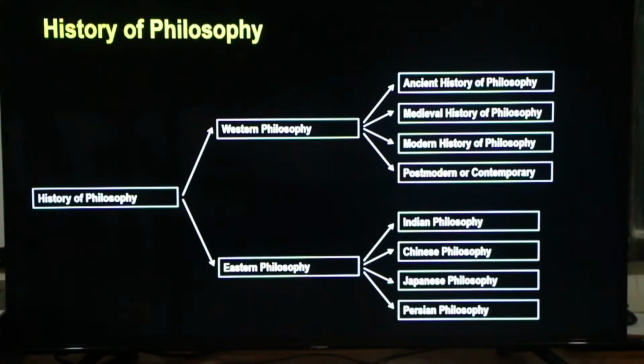But I should start by saying that the philosophers included in the following slides are not exhaustive, meaning to say the list is not complete because I have only included the most influential and prominent figures. So there may be more other philosophers than those which are included in this presentation.